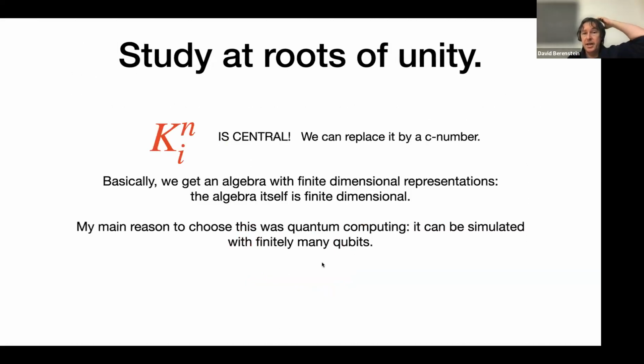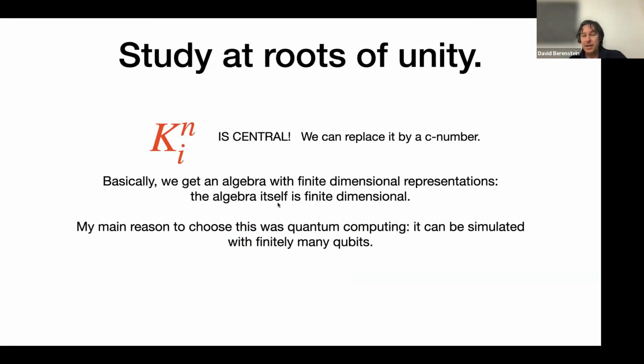So what I've done this way is I went from an algebra that was infinite dimensional over the complex numbers to an algebra which in a finite lattice is finite dimensional. And therefore, if you have a finite dimensional algebra, the irreducible representations are always finite dimensional. Okay?